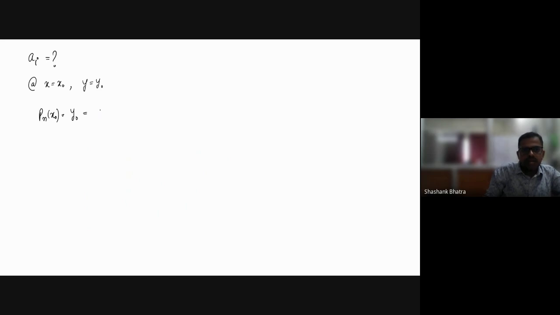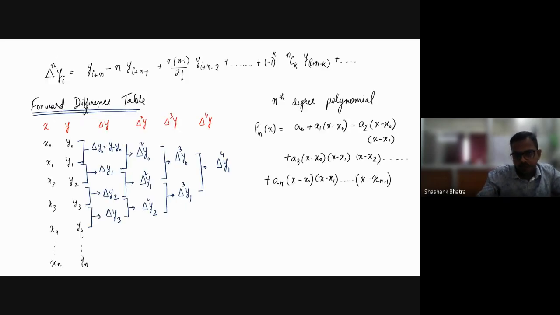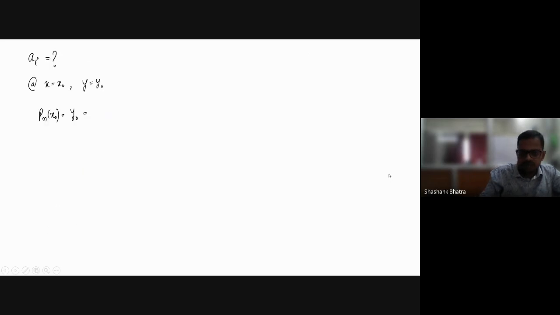And if I use this expression, x0 minus x0 and so on for all the other points, so it will be simply a0. So I can write a0 equals y0, which is known to us. This is a known data point.